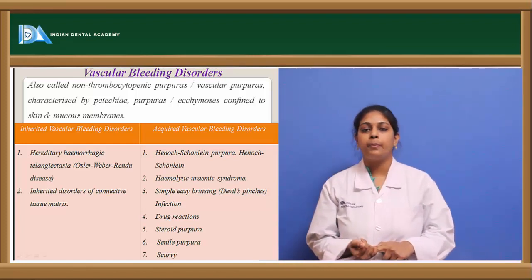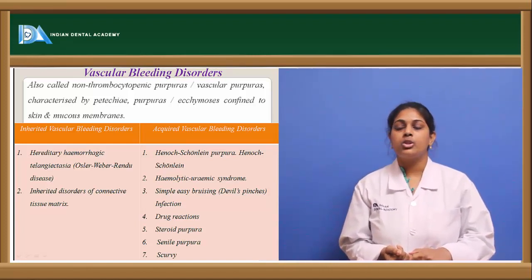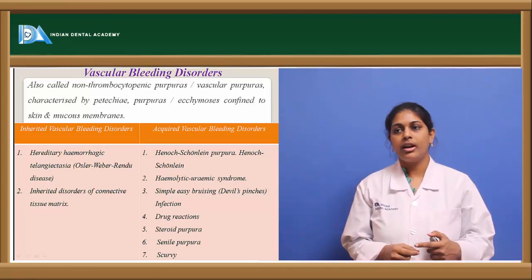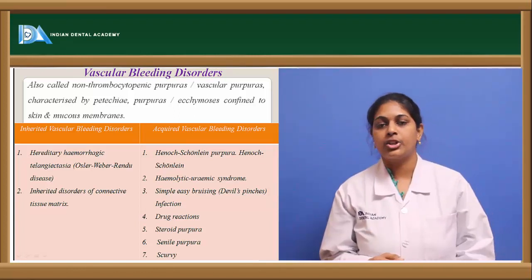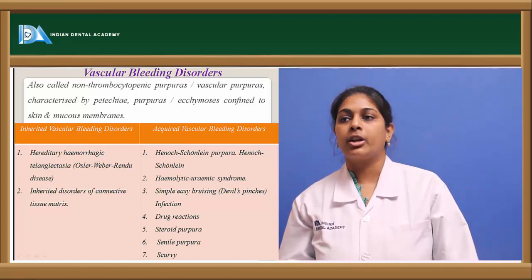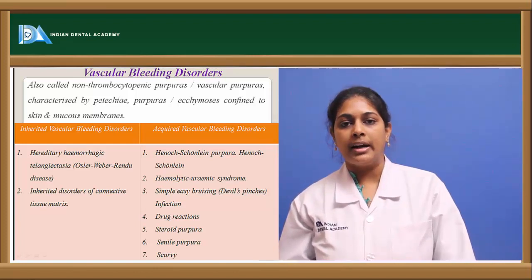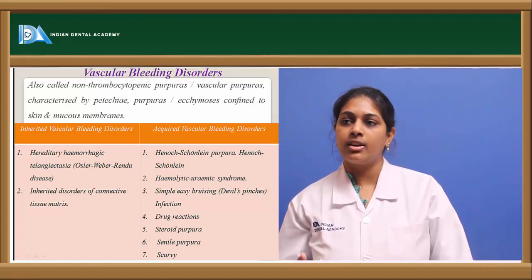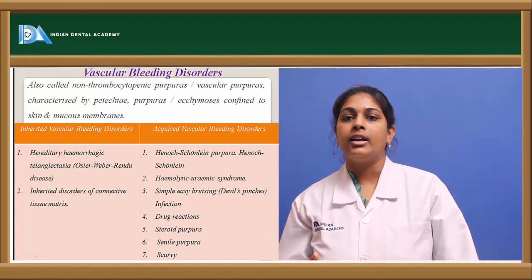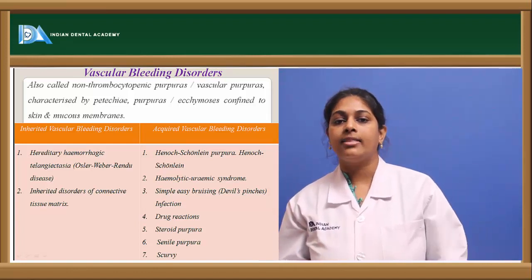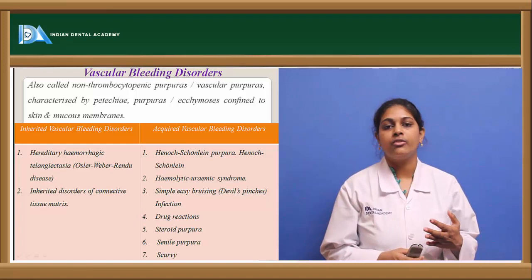Other than that, petechiae can also be observed. They are reddish purple areas which denote bleeding in the particular tissue, and ecchymosis is also seen. Ecchymoses are similar bleeding areas, but they are larger than purpura, and there is also variation in color.